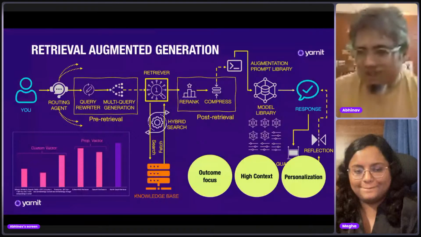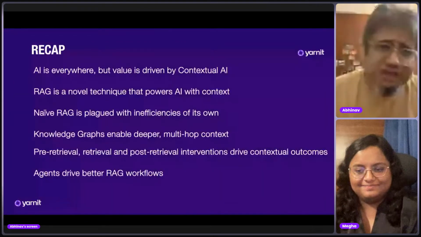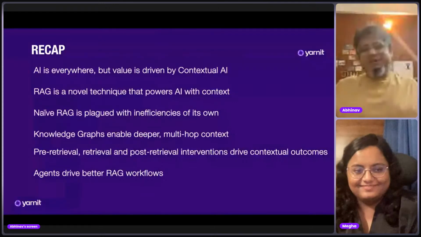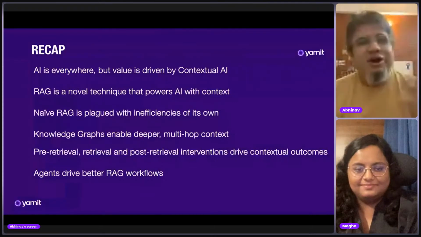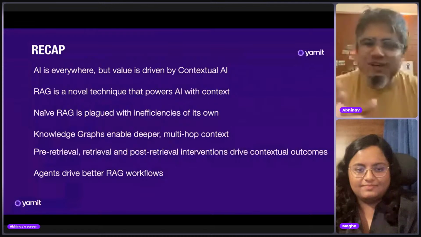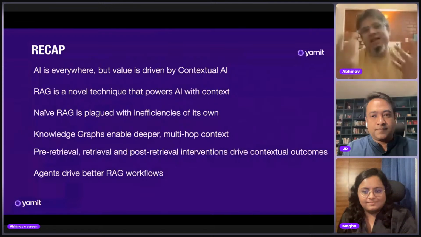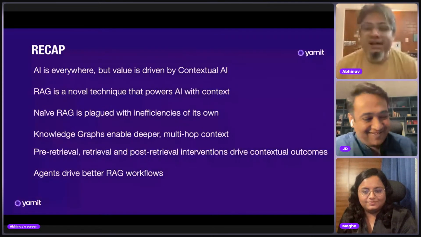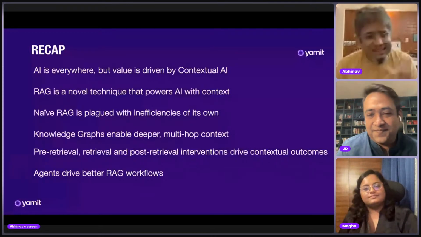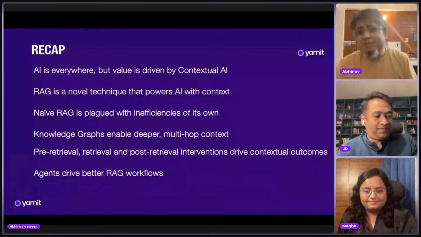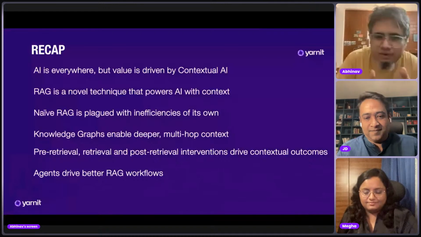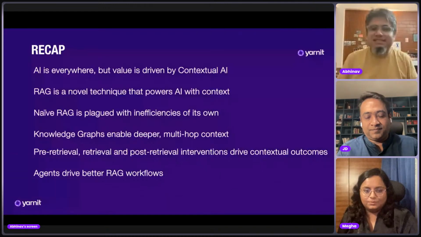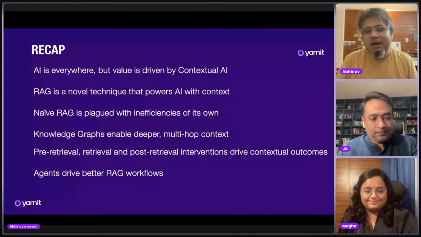So, just to recap what I've been blabbering about for so long, we all know AI is everywhere, but it is contextual AI that really is something of value. And RAG is a technique that powers contextual AI, but not the naive RAG approach. It might work for some cases, but it's not really the optimal use of the power of language models.